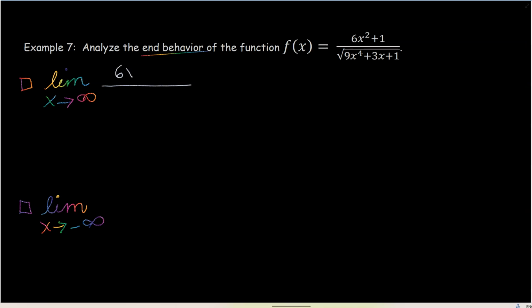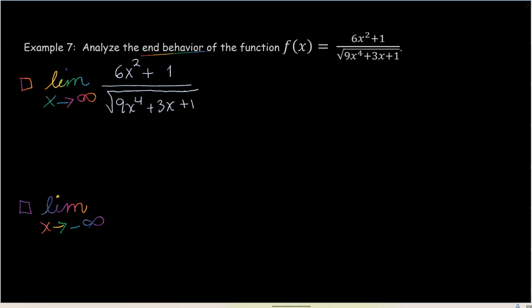So, (6x squared plus 1) over the square root of (9x to the fourth plus 3x plus 1). So the end behavior, or the study of the horizontal asymptote, or is it a slant asymptote?